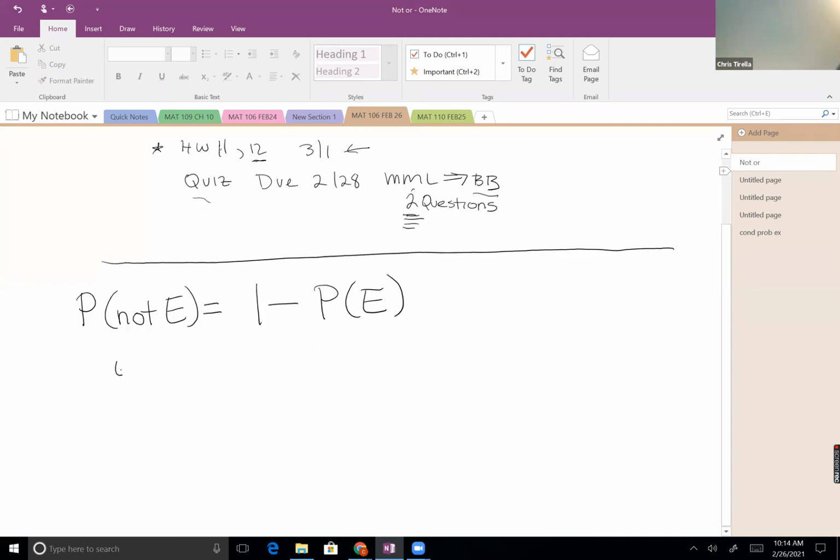And so let's look at one more example. Let's say we want to find the probability of not getting a number card when we pick one card from the deck.